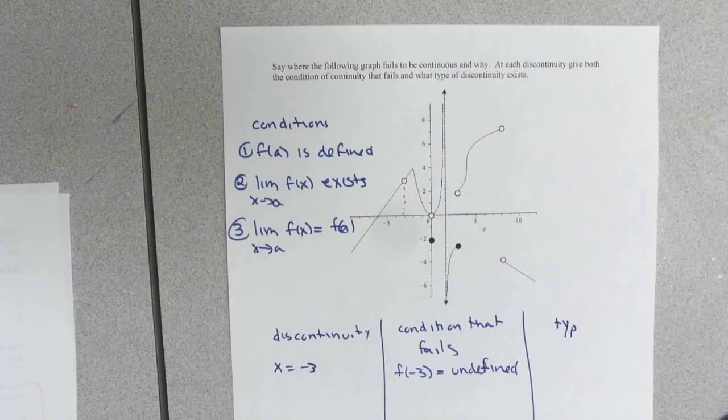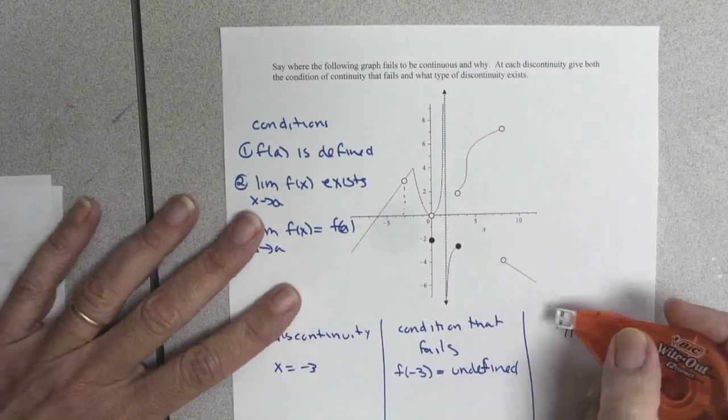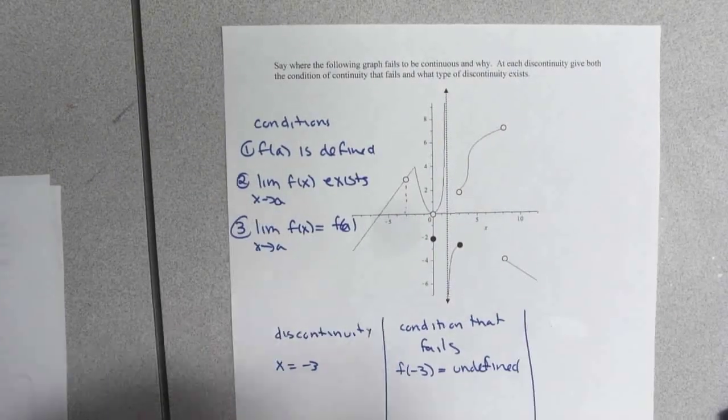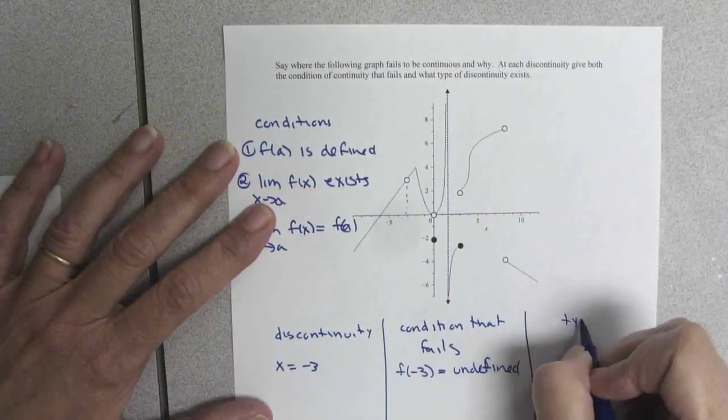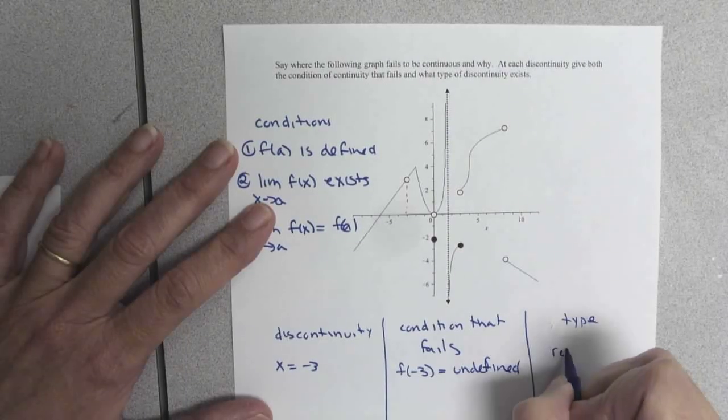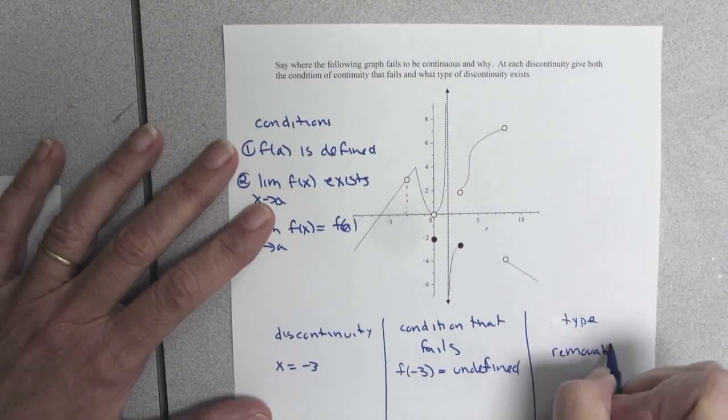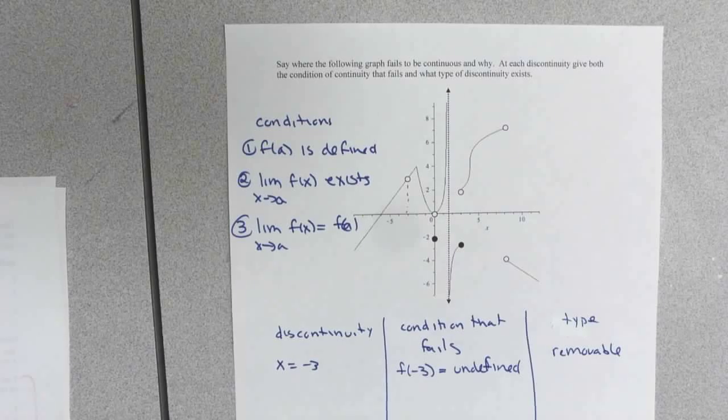But there is no functional value because you have that open circle, which means there's not a y-coordinate, so my function is not defined. The type of discontinuity I have would be a removable discontinuity, because I can just fix one point.